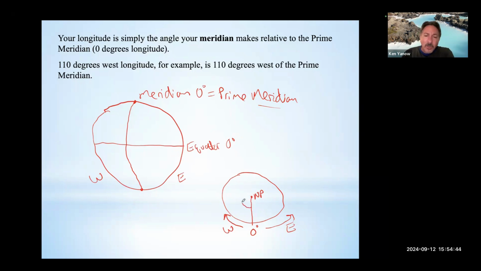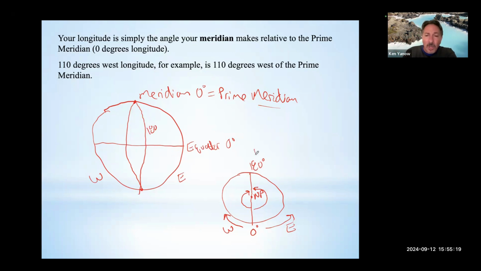So if you go 180 degrees west of the prime meridian, you find yourself here, and this angle is 180 degrees, which means you're at 180 degrees of longitude. You can't really see it in this picture because if I went 180 degrees, I'm on the back side of the Earth and I'm way over here, so this would be at 180. I can also do this going east. And again, if I go 180 degrees east, I land here at the 180 degree meridian.